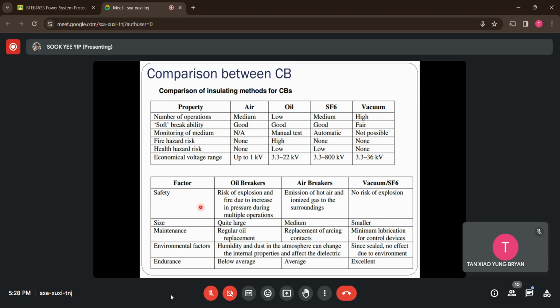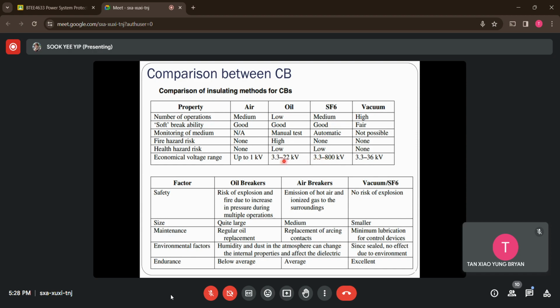The last one here is in terms of voltage application range. We know that vacuum is used up to the medium voltage range, or else it is very costly for us to generate the vacuum condition. So you can see the application will be from 3.3 up to a maximum of 36 kV. SF6 gas here has excellent properties, remember, so it can be applied to the highest system voltage we can apply, from 3.3 up to 800 kV.